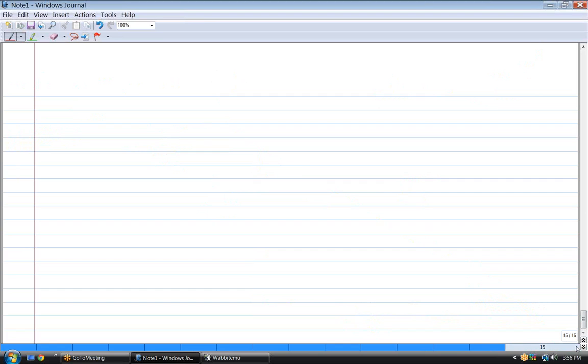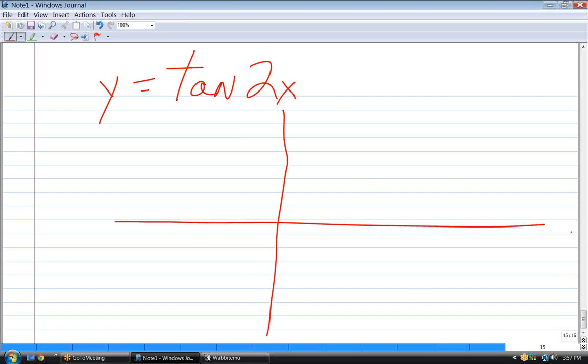And the last one that I have is y equals tangent of 2x, and then it says use transformations to describe how the graph of the function is related to a basic trigonometric graph. What's the basic elementary function here? Tangent of x.